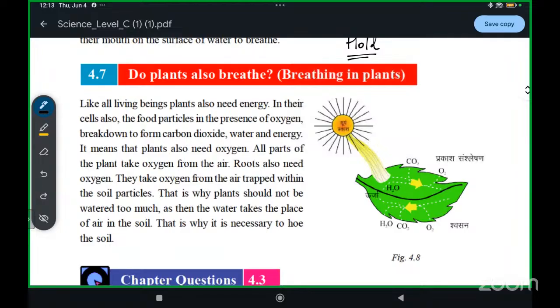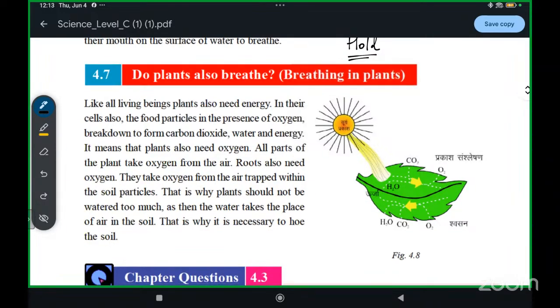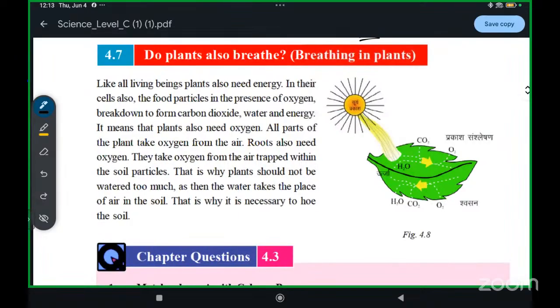In humans, the food reacts with oxygen and gives out carbon dioxide, water, and energy. In animals also, the food particles break down in the presence of oxygen to give out CO2, water, and energy. It means plants also need oxygen.